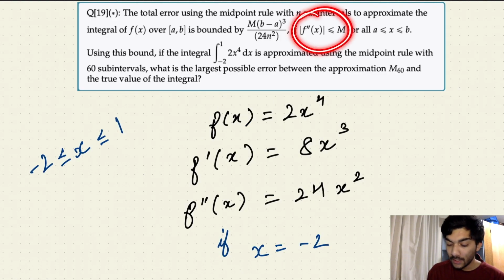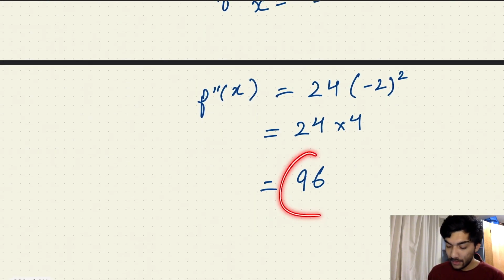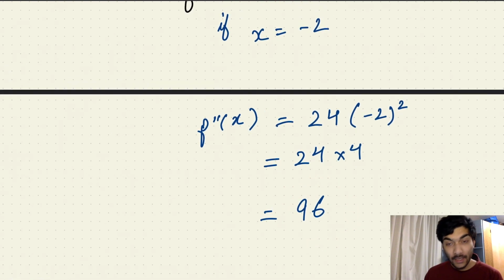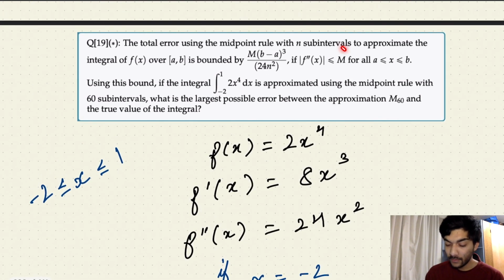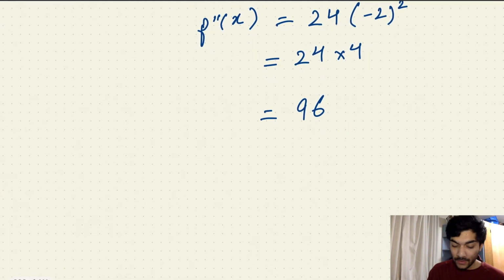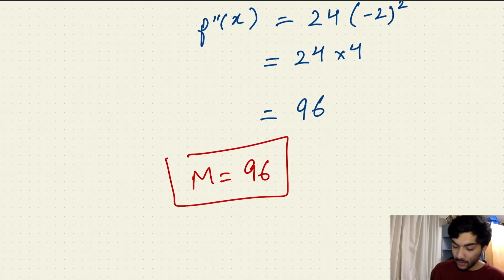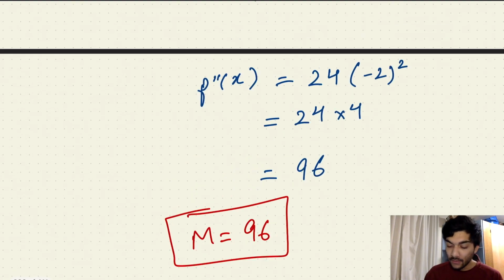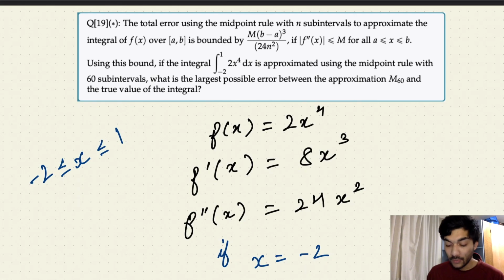So now you know that the maximum value of the absolute value of the double derivative of f of x is 96. This is the upper bound, which is M. So M is equal to 96.